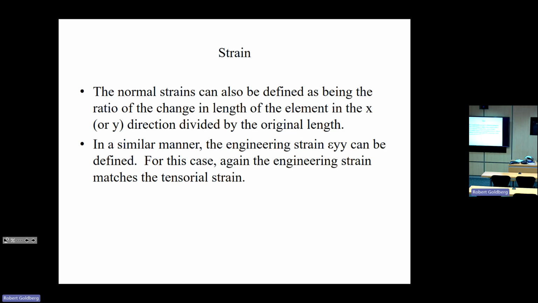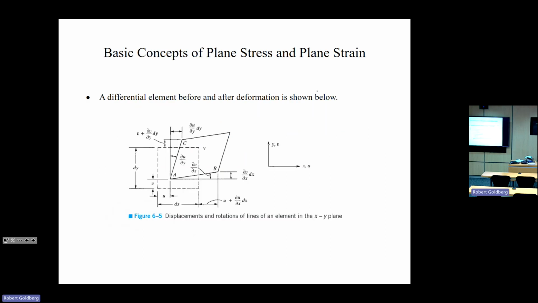And we can go through a similar type of thing, and you can demonstrate that the engineering strain in the y direction is equal to the partial derivative of v with respect to y.